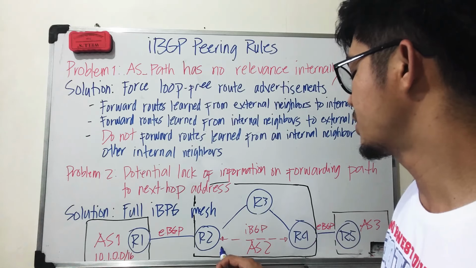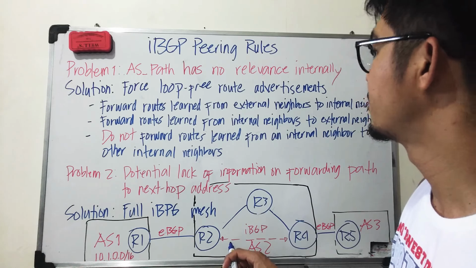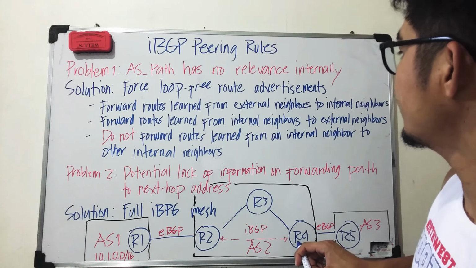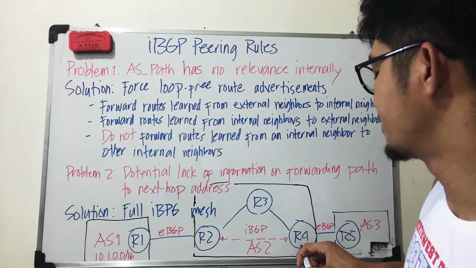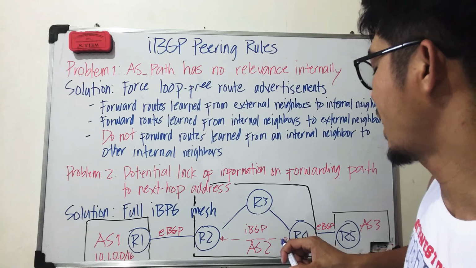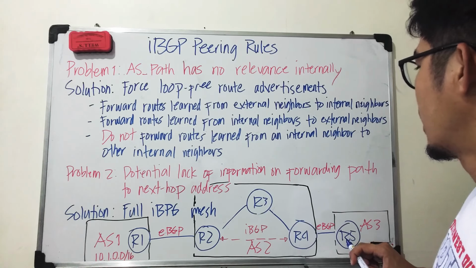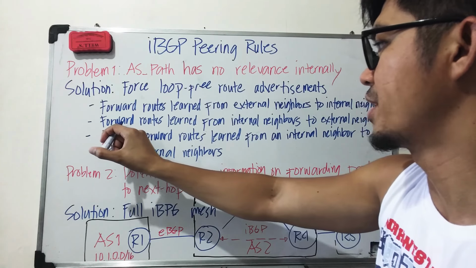So R2 forwards that route to R4, and R4 receives that internal route and can forward the routes to an external neighbor. So this rule here applies.